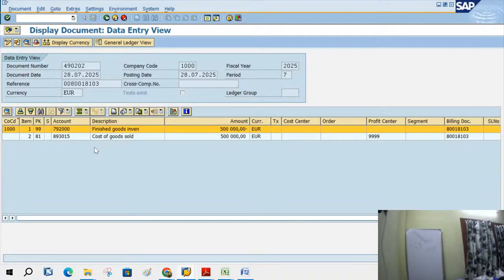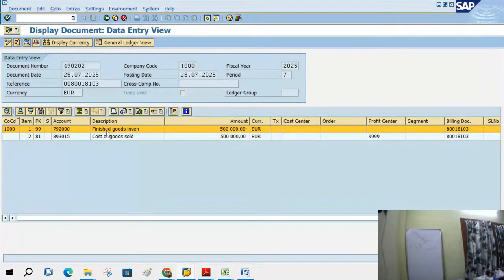So totally 4. But the thing is, finished goods inventory is repeating. So the total GL accounts to be given by Tabitha, the accountant, is how many? 3. Because finished goods inventory is there in both of them.